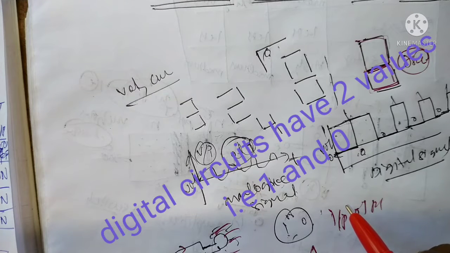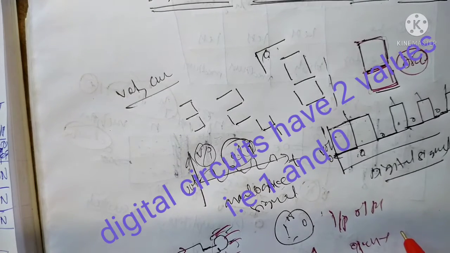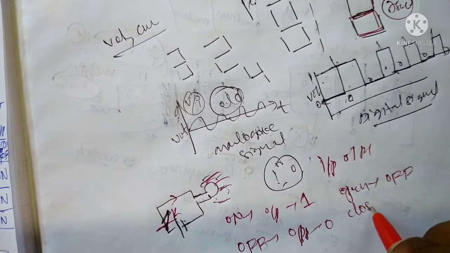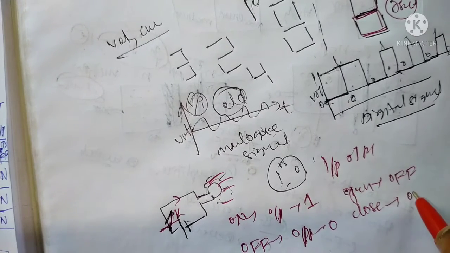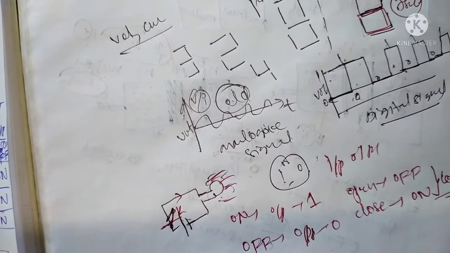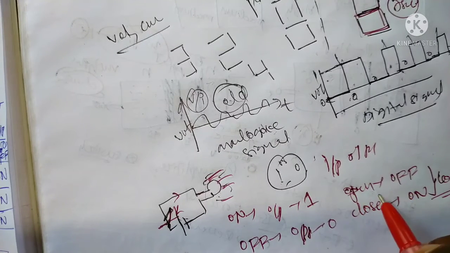Logic means the switch is open. Open means off. Closed means on. Logic means open is nothing but the off state, and closed means the on state.